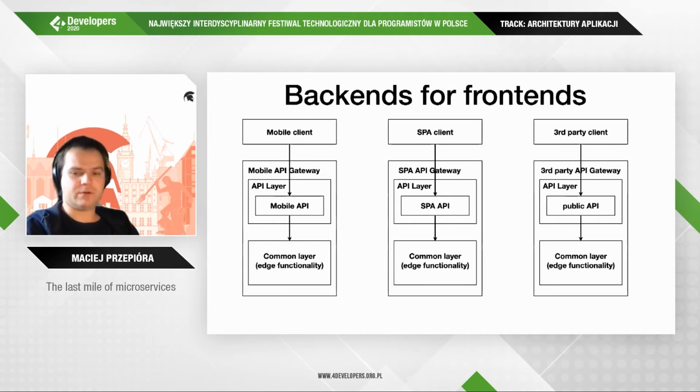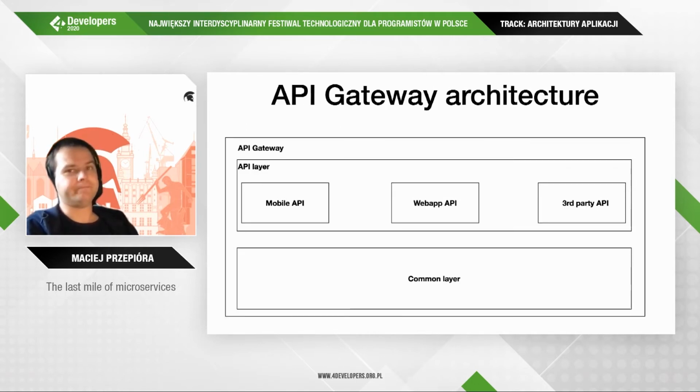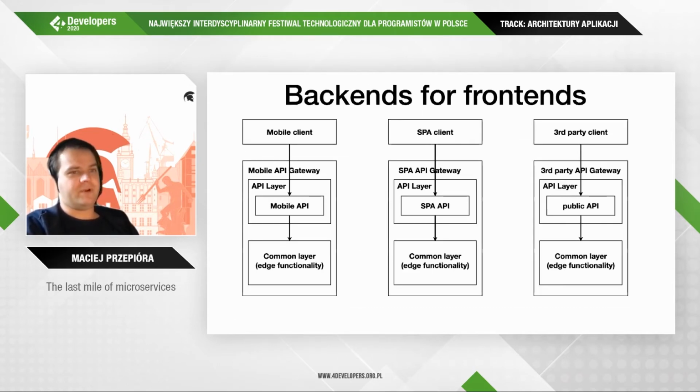So you have an API gateway, and you have two layers actually. Each module either routes requests to backend services, or composes responses from multiple requests to the backend. And I've mentioned that you can also have different APIs for different client types, and this is something that is called backends for frontends.